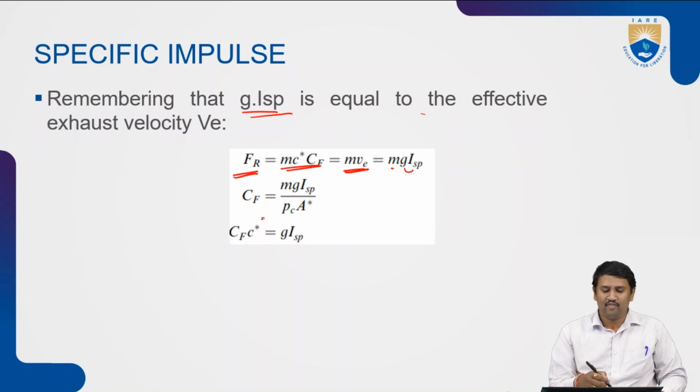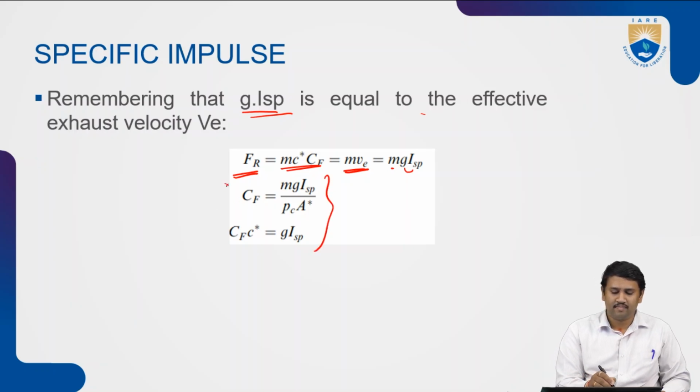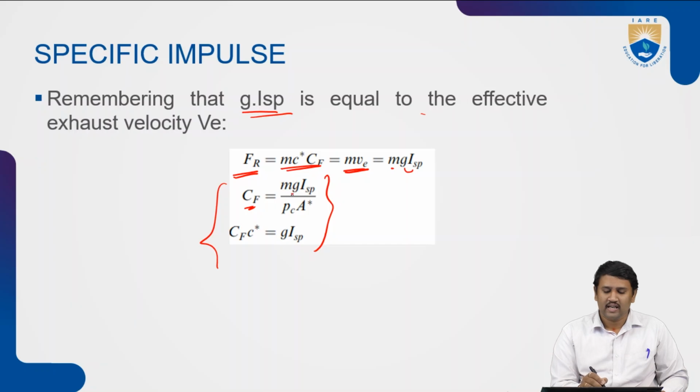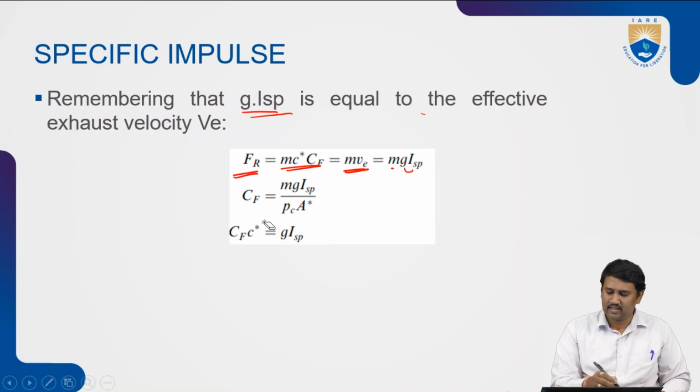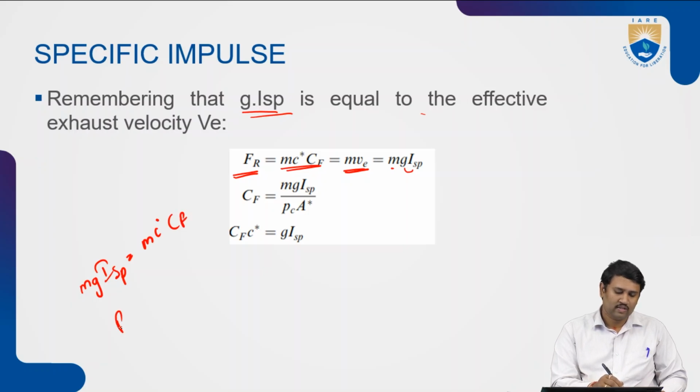Now, if I want, I can rename or rearrange them to form this. Particularly, thrust coefficient is equal to mg ISP divided by pressure, or let me just rewrite. So CF equals mg ISP divided by characteristic velocity, right?